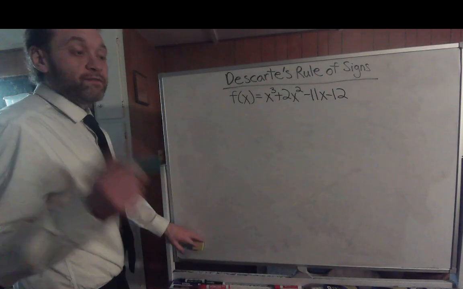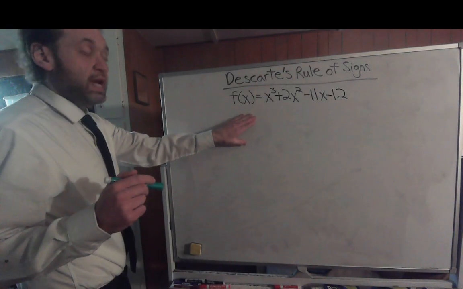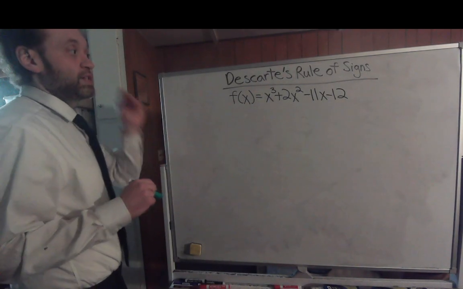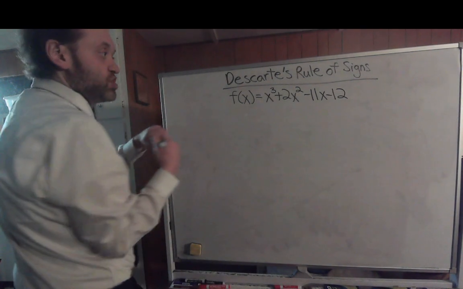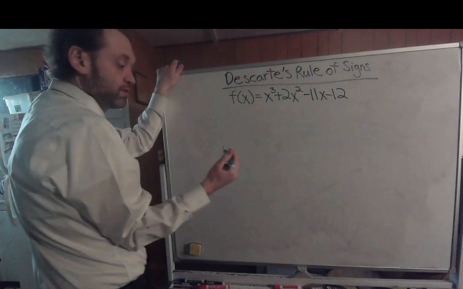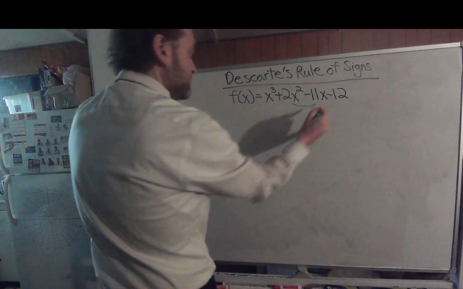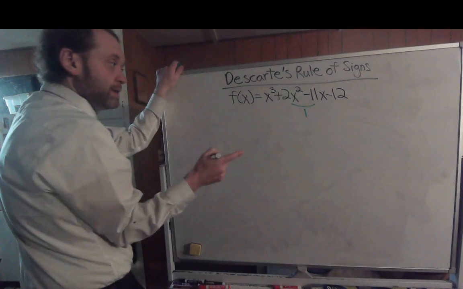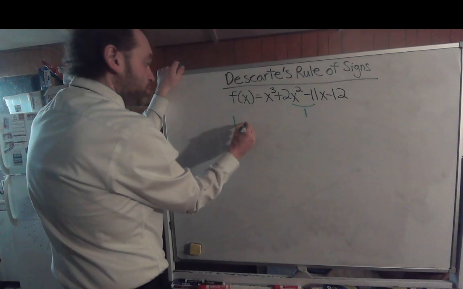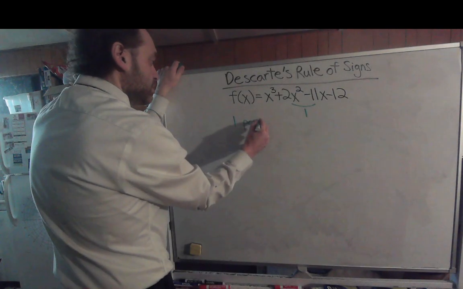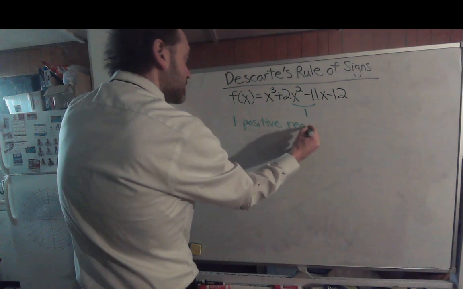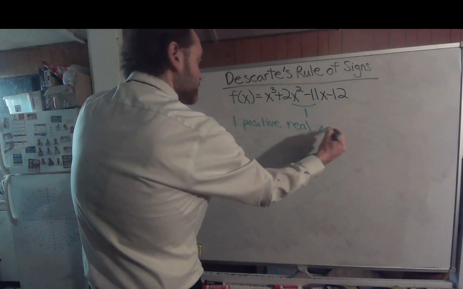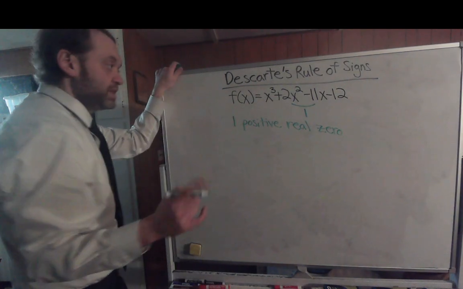We're trying to figure out first, since it's the original, how many positive real zeros do we have? Notice there's only one sign change between the x squared and x to the first coefficients. You go from positive to negative. There's one. So you'll have one positive real zero.